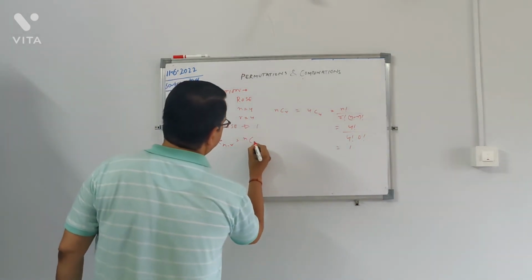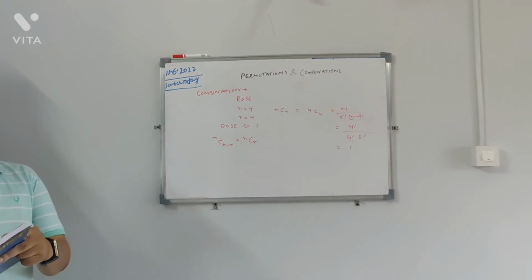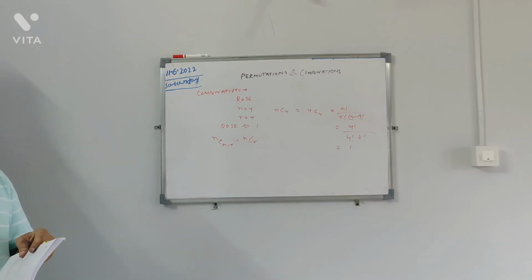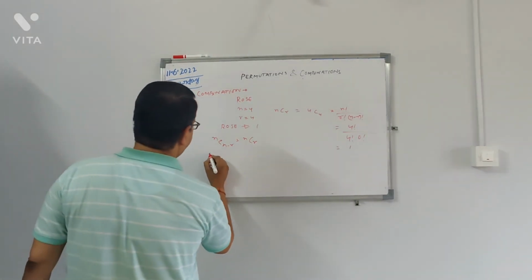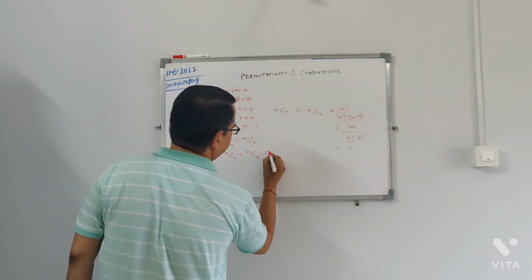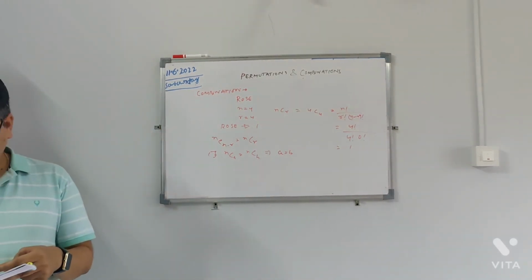So that is one inference. And if nCa is equal to nCb, it implies a is equal to b.